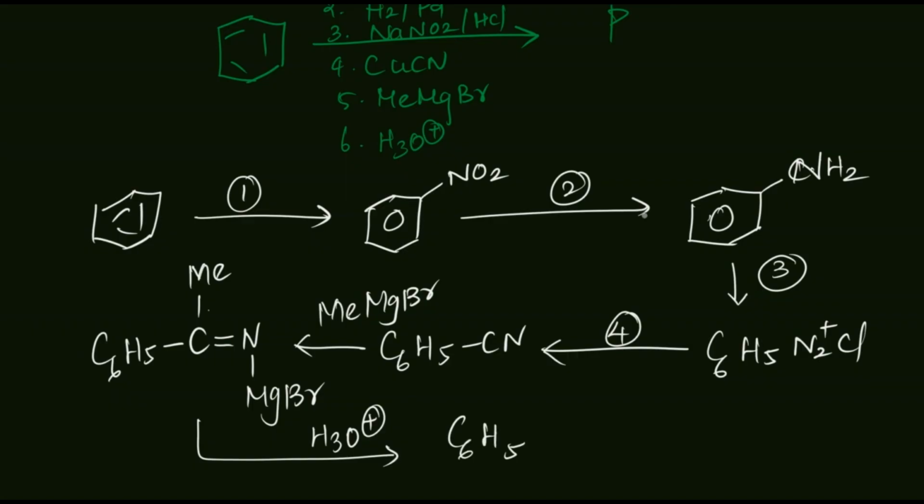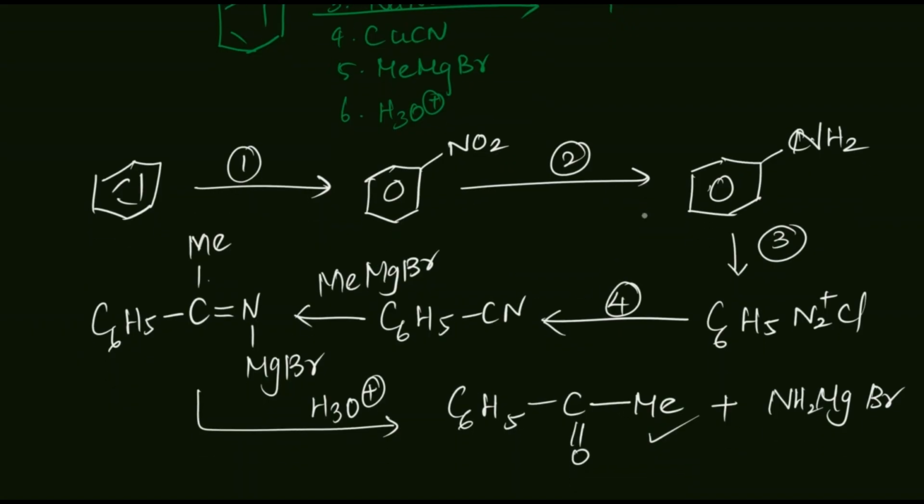So I must end up with C6H5 with a methyl group and a double bond O. Along with that, NH2, NH, MgBr will be formed. Okay, so the answer to this question is C6H5COMe.